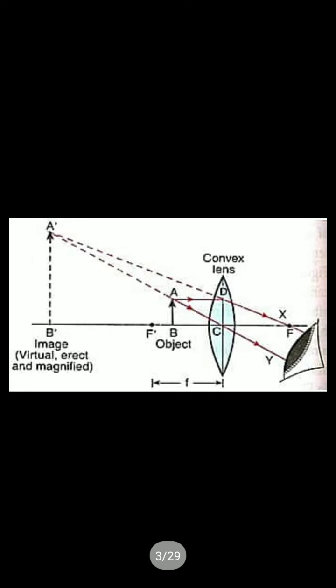Let's see the diagram. This is the diagram. Here we use the convex lens. We keep the object in between focus and optical center. So the image is formed on the same side of the object and this will be virtual, erect and magnified.